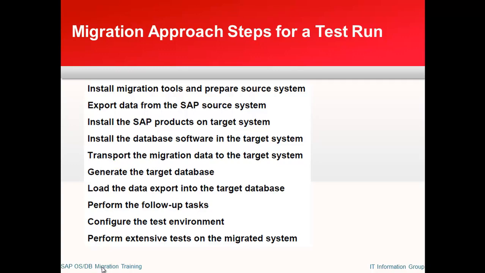We install the database software in the target system, and once the database software installation is done, we transport the migration data, that is the data which is exported out. We transfer that data either using FTP or any other means of transferring that data to the target system. We generate the target database and we load the data export into the target database.